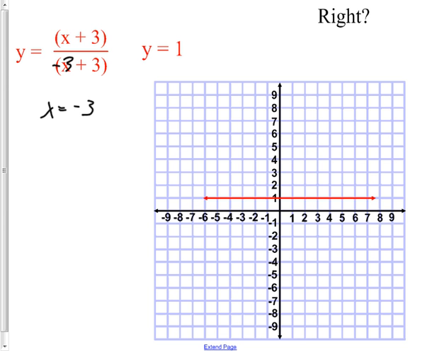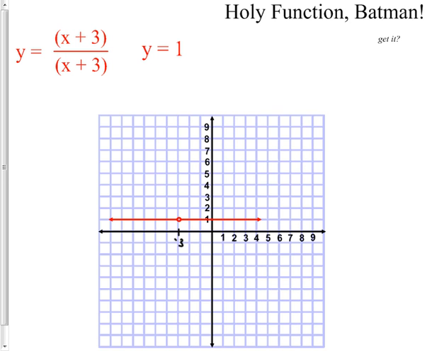So how do we sort of say that right there's a problem? Well, we have a holey function. We have a function with a hole in it. Okay, so right at that spot, because -3 would cause a 0 on the bottom, we have to have a hole there. Notice I say a hole instead of a whole.